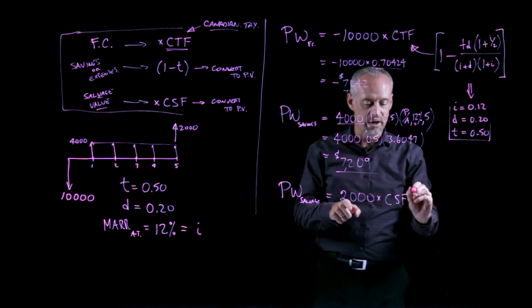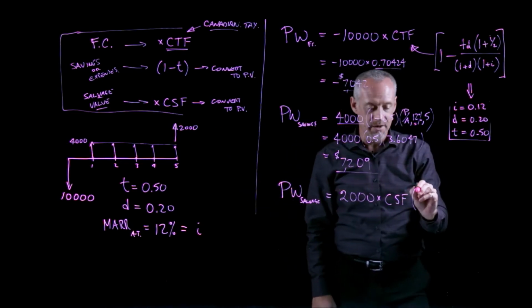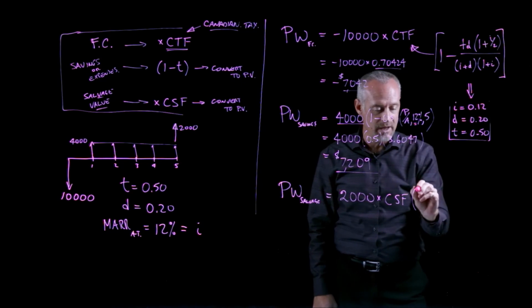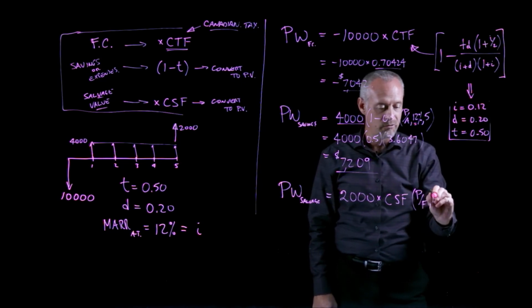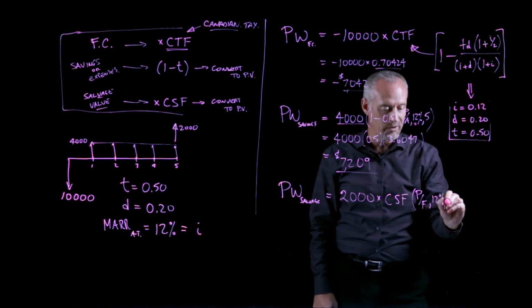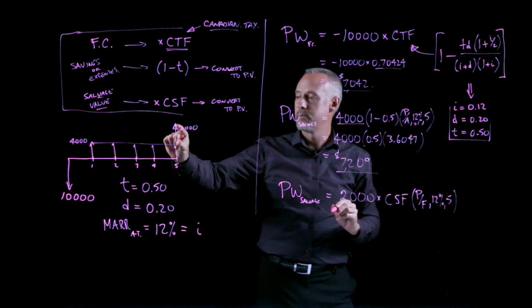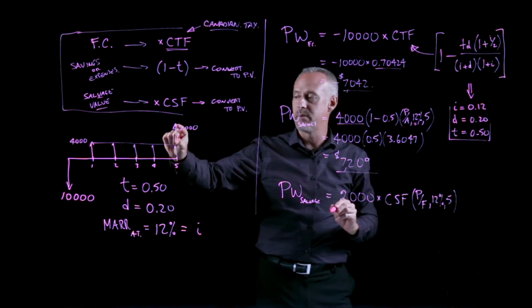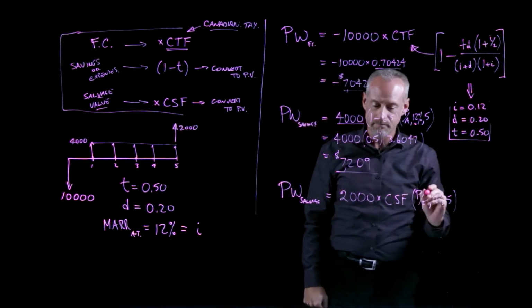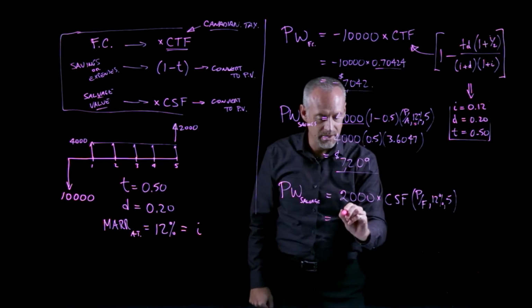So I'll multiply all of this by, this time, not a P given A, but a P given F factor for 12% and 5. We use P given F because this is now a discrete payment at one point in time, not an annuity. So I'll write this down.